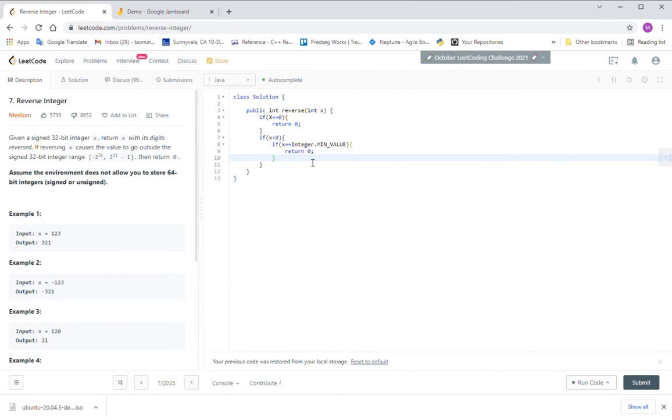Otherwise, we can set some flag. This one is positive. If it's negative, we convert this negative to positive, and set the flag to -1.